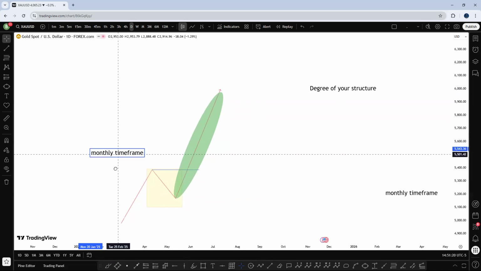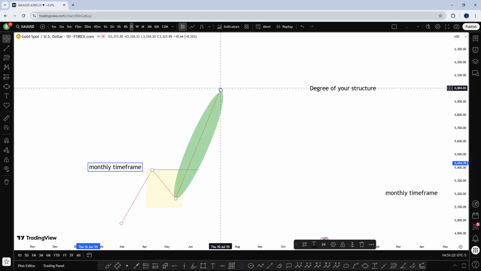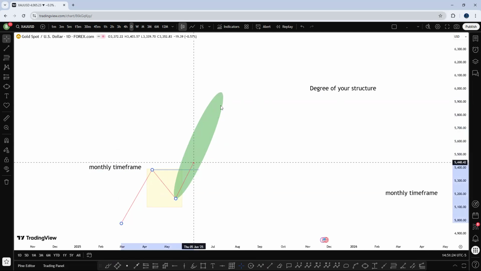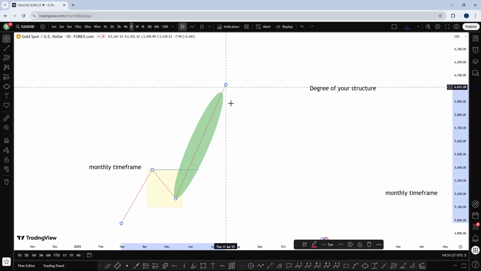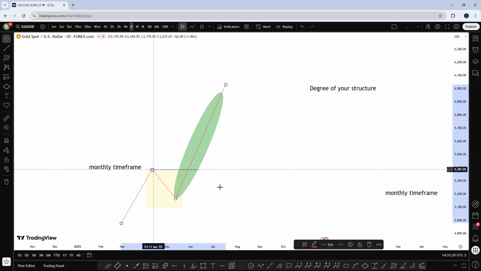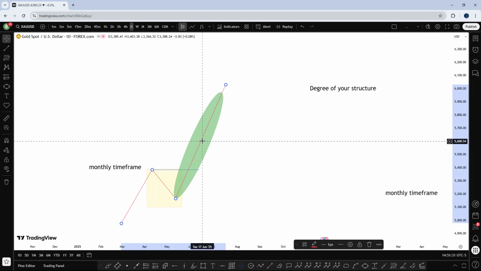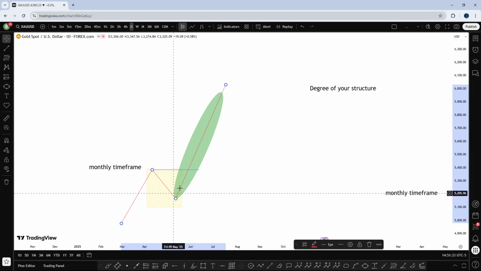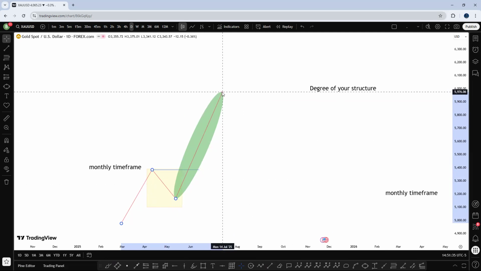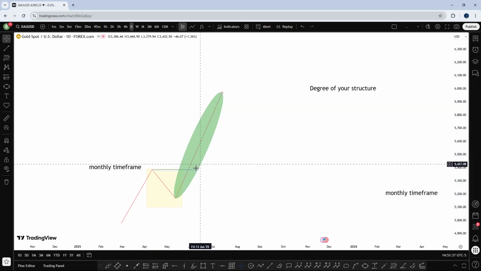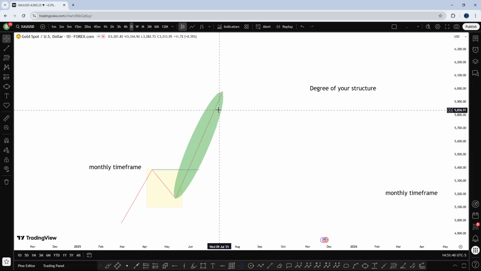This is a monthly time frame. Then there is a big trend going on, and you have no idea when you will have a pullback, maybe to this bullish order block. So your next task is to know which time frame the market is using to create this trend.